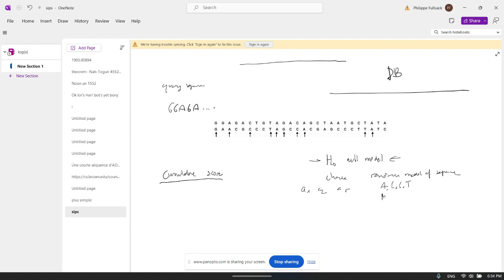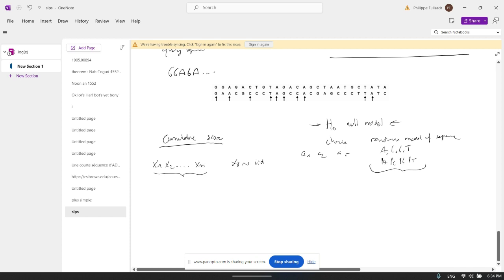And we are going to assume that each letter has its probability. In the chance model, these letters occur randomly and independently. So if we observe a sequence of length n, we assume that each letter is independent and identically distributed from this probability distribution.